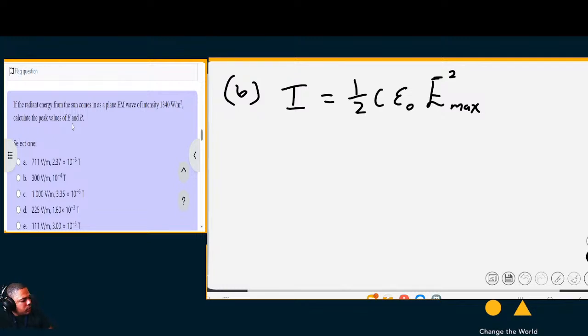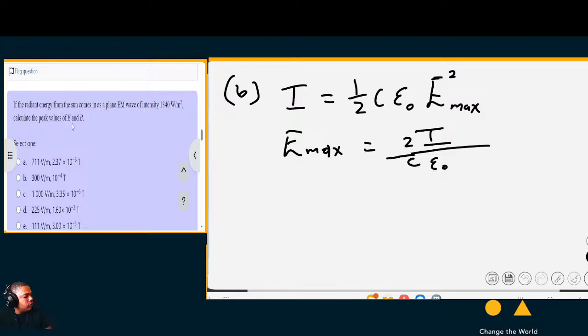Now to find E max, if you make E max the subject of the formula, you get the following: E max equals the square root of I divided by a half, so you simply multiply by 2, I divided by c times the permittivity of free space. That gets you your peak electric value.